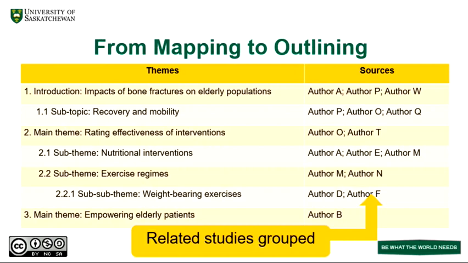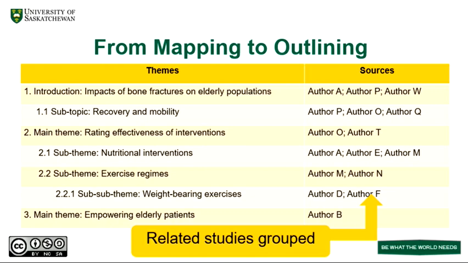But once you do have that information in your mind map, then it can become much easier to start conceptualizing how this might look in a linear format. So starting to think about that possible outline that could emerge.